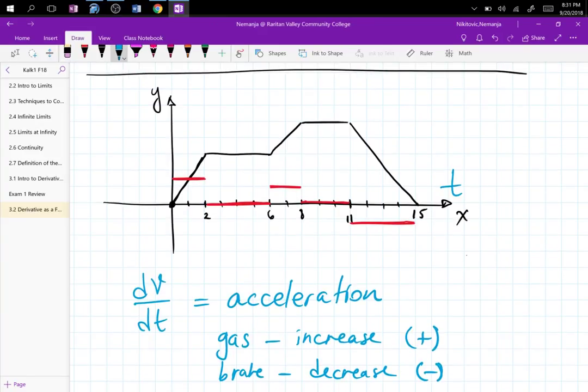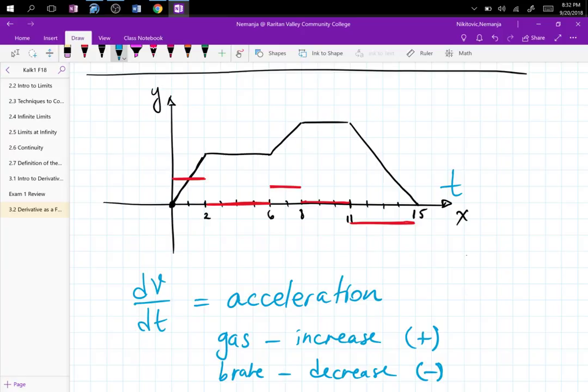If you push the gas pedal, you are getting change in velocity, which is positive acceleration. And then if you are not touching brake or pedal, you are going at a constant velocity. There's no change in velocity because acceleration is constant. That's what I want to say.